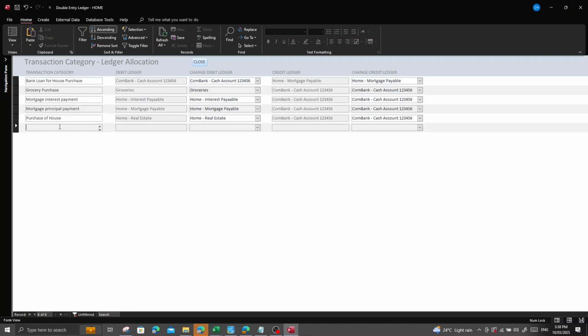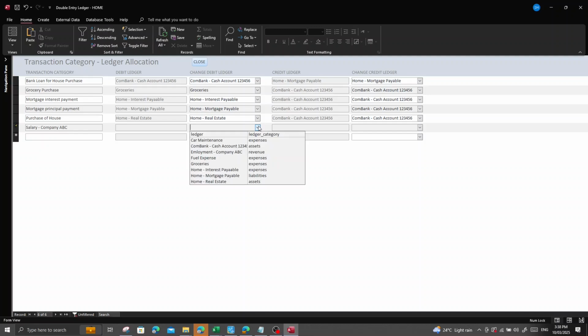We will also add a transaction category for salary from employment. So we get the salary into our cash account.